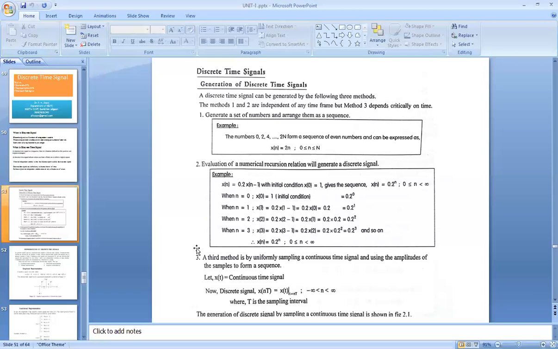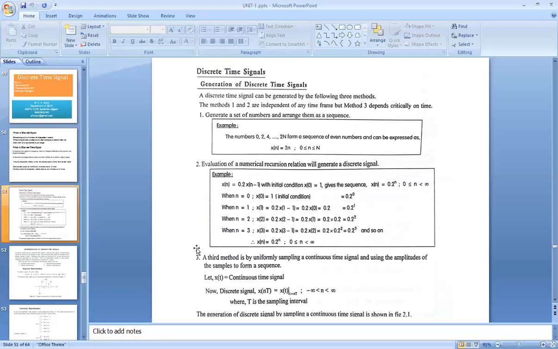So x of nT is equal to x of t, where the value of t is nT. Means we will say x of n is equal to x of t. Here the value of n will be varying between minus infinity to infinity.